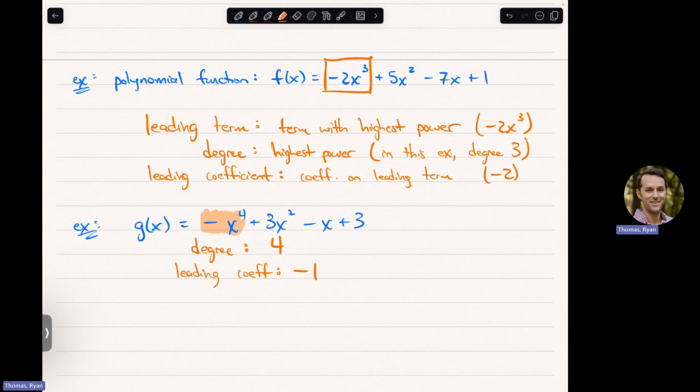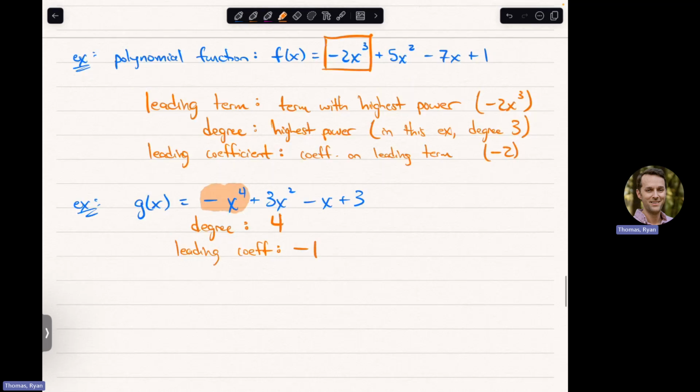This whole thing is the leading term. And then again, we're decomposing or breaking that down a little bit. The degree is the power itself, so 4, and then the leading coefficient is just whatever the coefficient was. Okay, so again, terminology stuff: the leading term, the degree, and specifically the coefficient on the leading term will be important.